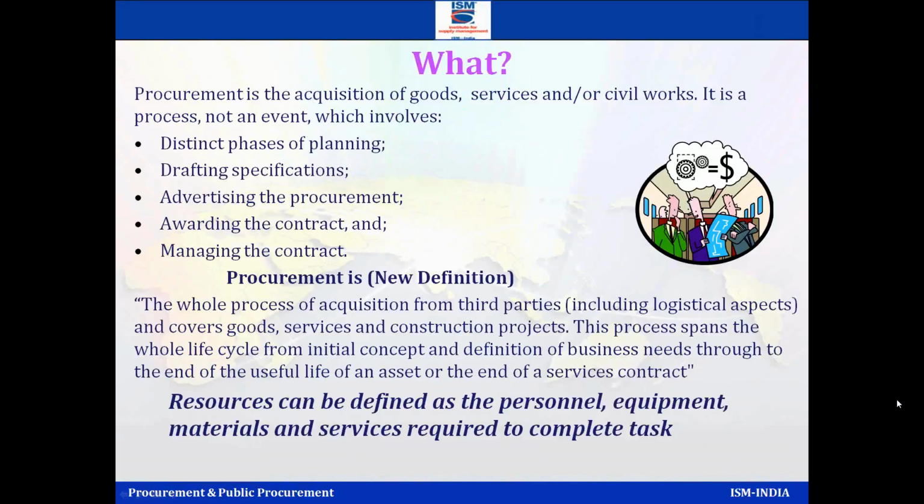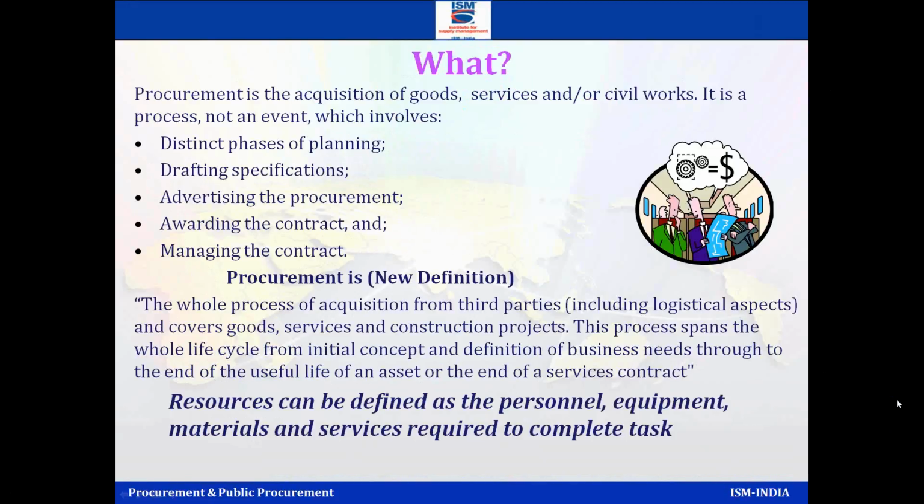Services are intangible. Services could be consulting services, security services, or even software services, even restaurant services. They are all services. And the last is civil works. So it could be acquisition of any one of them, or a combination of all.